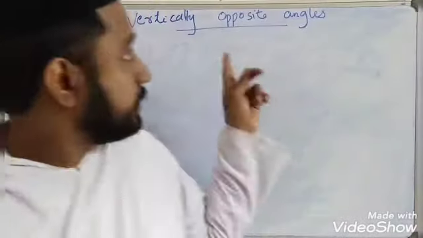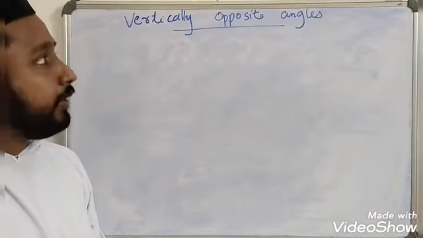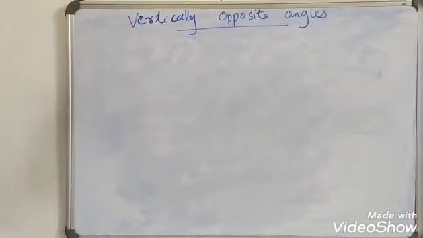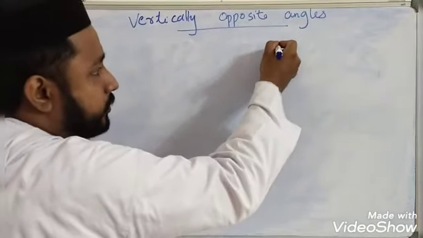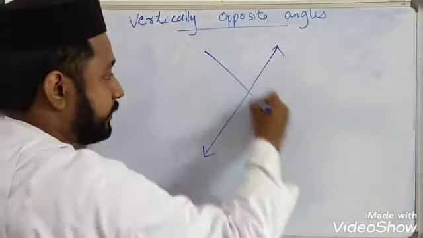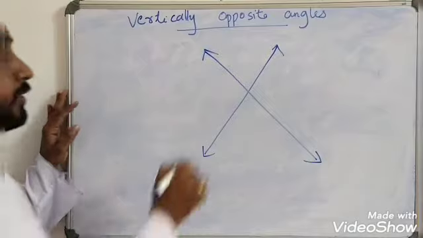Now let us consider one concept, vertically opposite angles. Vertically opposite angles arise when two lines or line segments intersect.